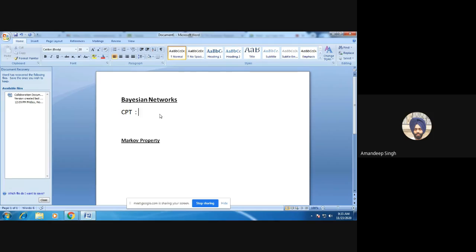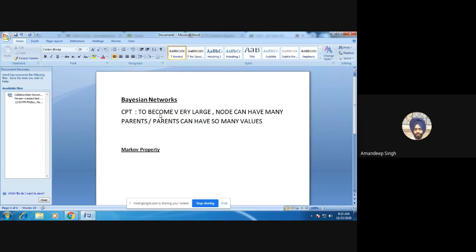We saw that conditional probability tables have the chance to become very large if the node can have many parents, or if the parents can have so many values. We saw that with the help of an example.